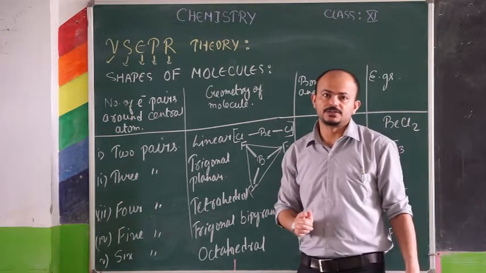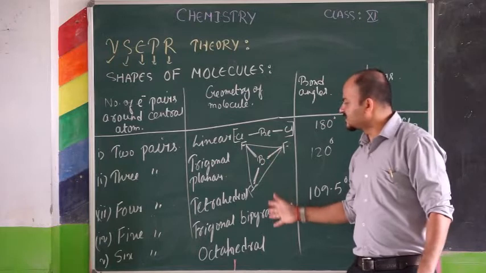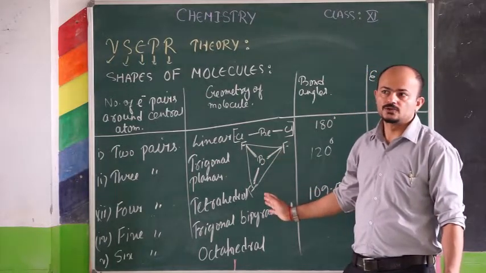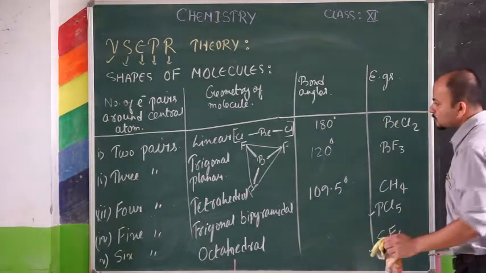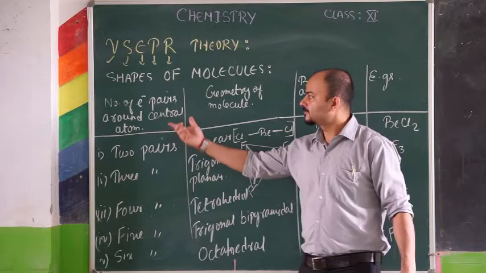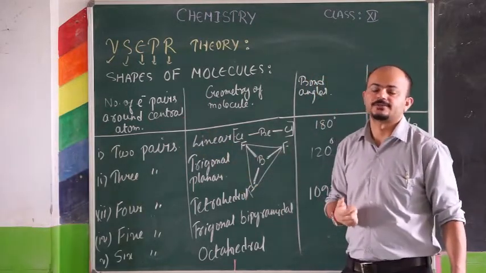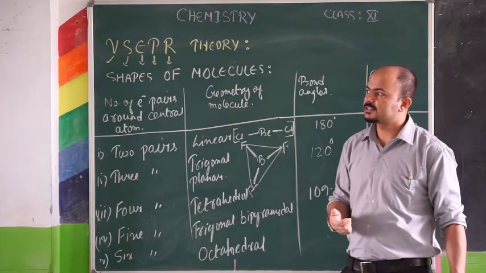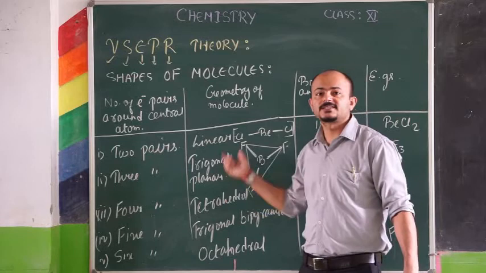If you have a lone pair, then the shape of the molecule will be distorted. I told you this geometry is true if the molecule doesn't have a lone pair of electrons. If a lone pair is present, then it will deviate from its geometry. So let's discuss that part now.